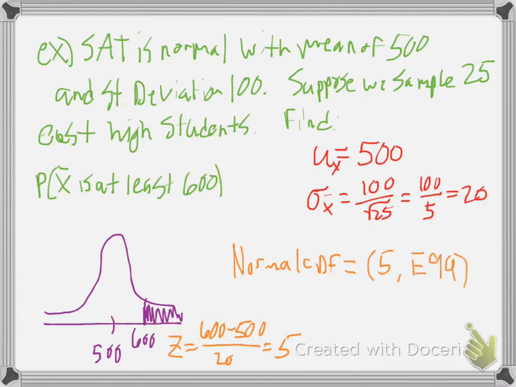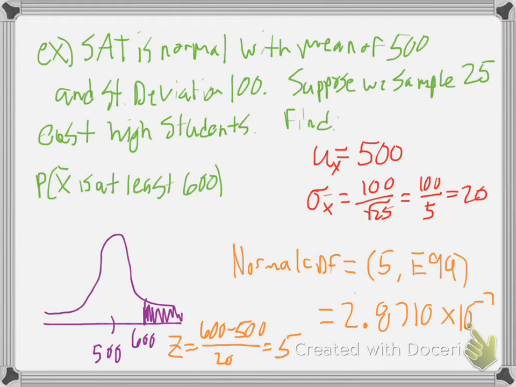And if we press that into our calculator, we get 2.8710 times 10 to the negative 7th, which basically means it's almost impossible to get an average of 25 students to be higher than 600.